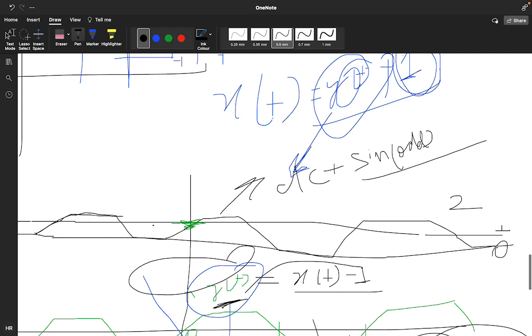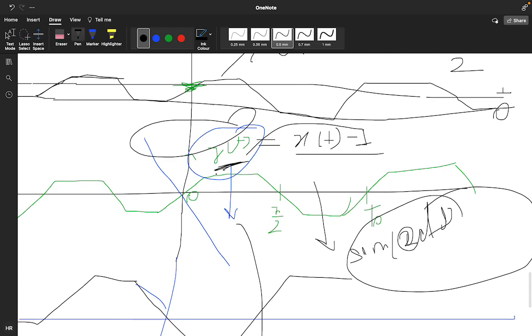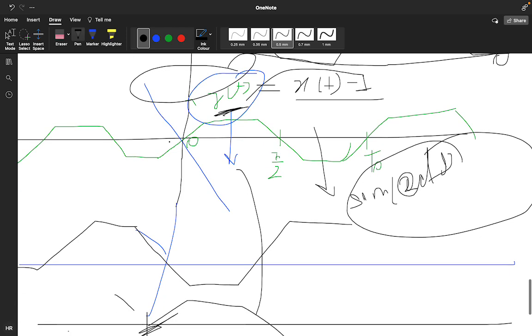They had given the options: what kind of value does this signal contain? DC plus sine odd term, DC plus cos odd term, DC with sine and cos both, and so on. So you just need to make this in the half wave symmetry form and check whether you are getting the mirror image or not. If the mirror image is coming like this, then this is an odd signal.